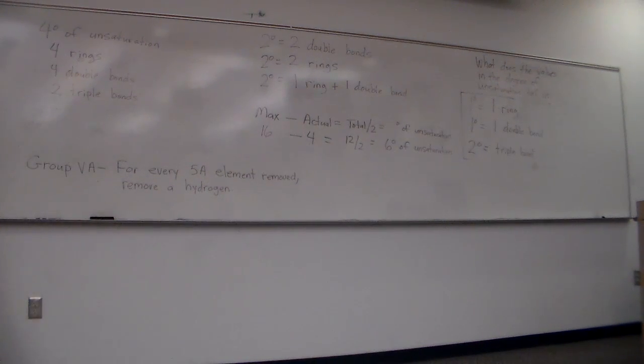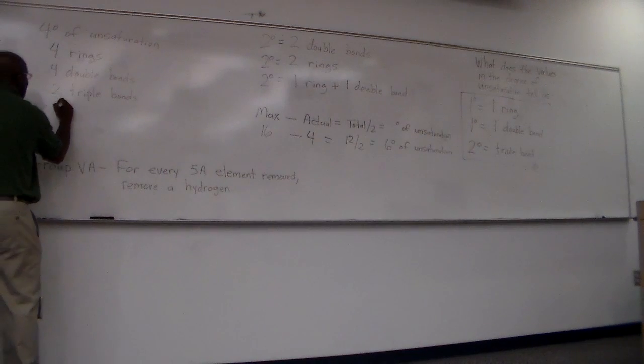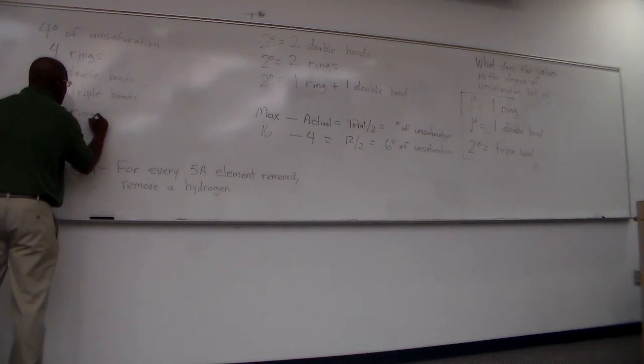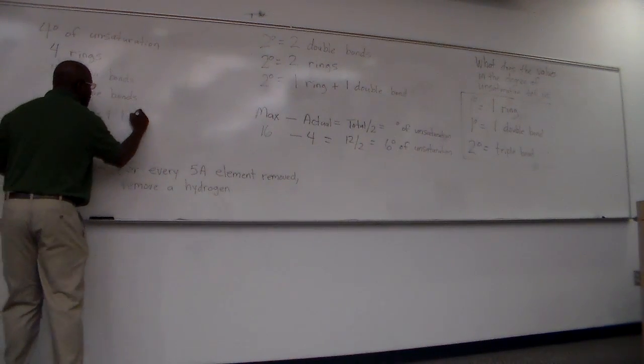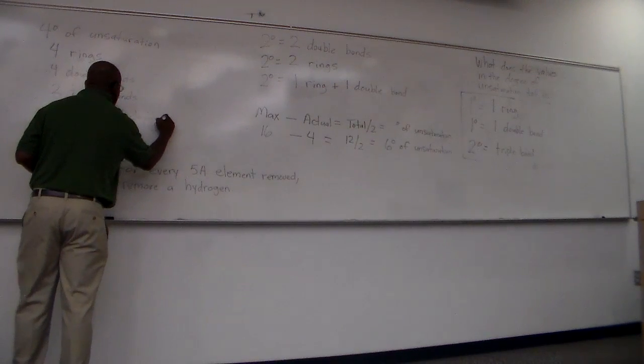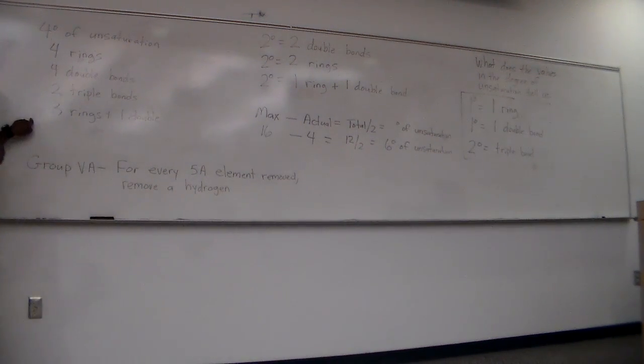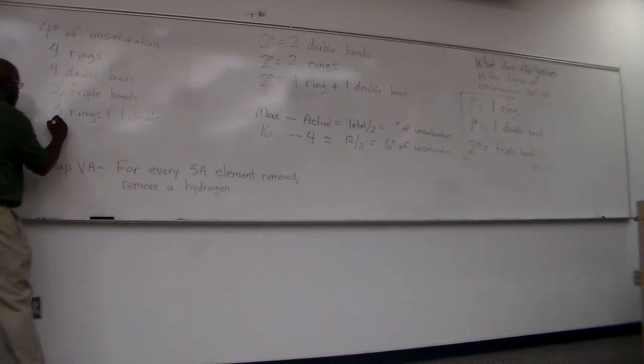Instead of doing 4 rings, you can do 3 rings, which is already 3. 3 plus what gives me 4? 3 rings plus 1 double bond. Or I can do 3 doubles and 1 ring.